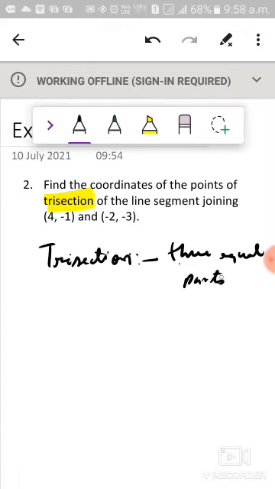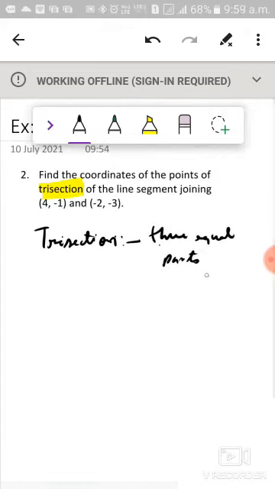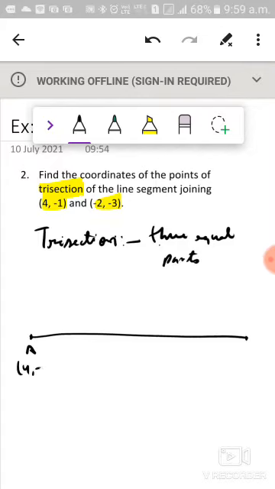Okay, so what is given? We have 2 points. One point is A, that is 4, -1, and the other point is -2, -3. Let me say this is point A. Coordinates of point A are 4, -1, and this is point B, and the coordinates of B are -2, -3.